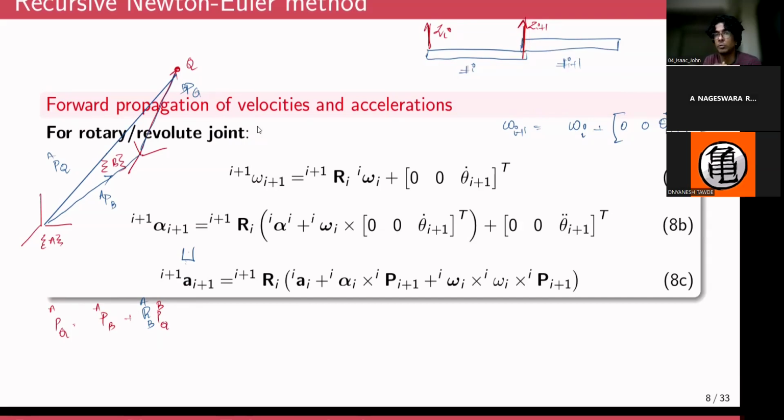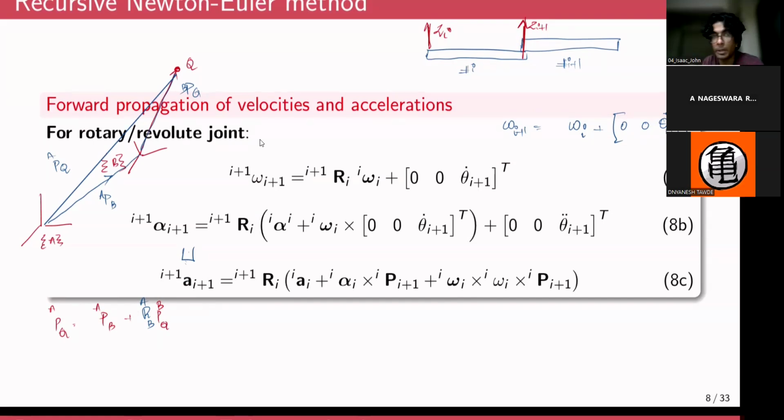By DH convention, the z-axis is always pointing along the joint axis. So as a result, the angular velocity component caused by the motion of the joint itself can be represented like so, along the z component, because it's always aligned with the z-axis.